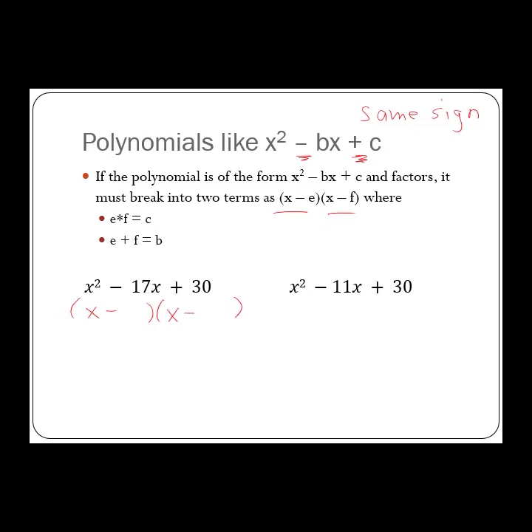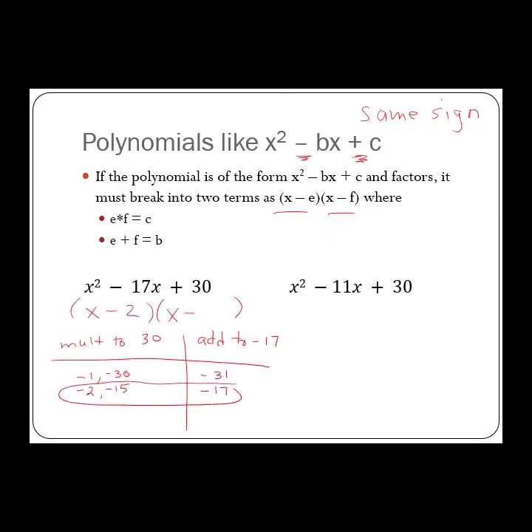And they have to have the property that they multiply to 30 and they add to negative 17. So I'm looking for two numbers that multiply to 30 but add to negative 17. So I have negative 1 and negative 30, which is negative 31 when I add them, not the pair I was looking for. 30 divided by negative 2 is negative 15. So negative 2 and negative 15 is negative 17.